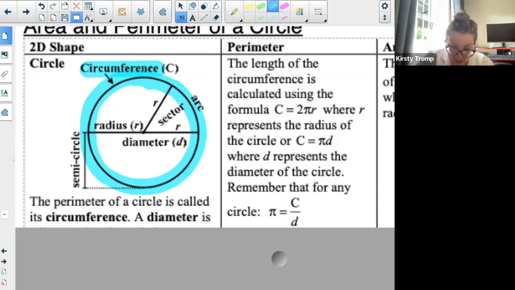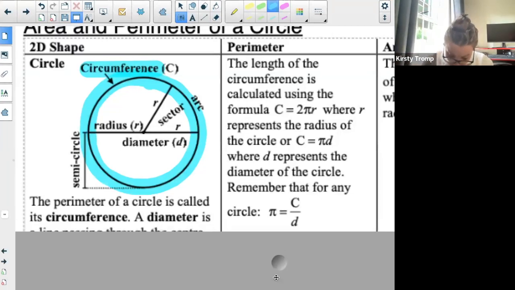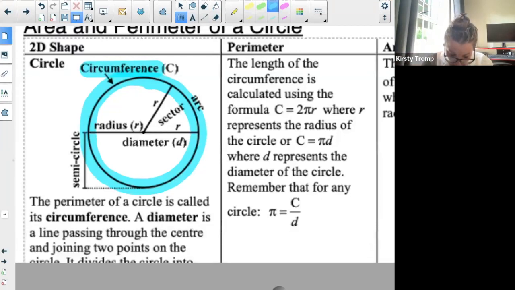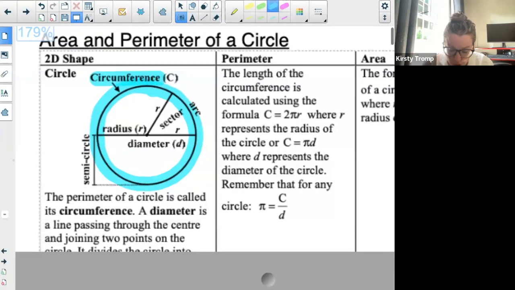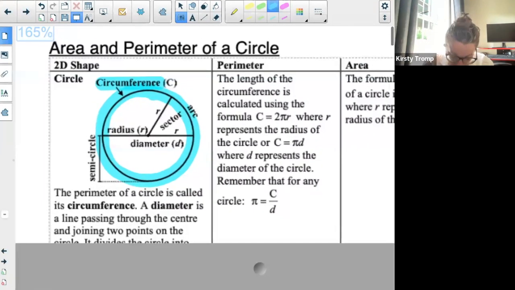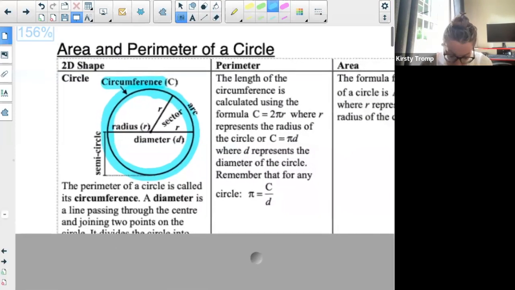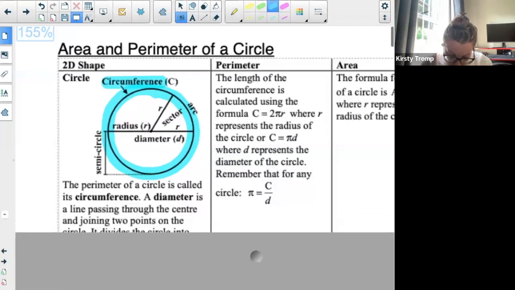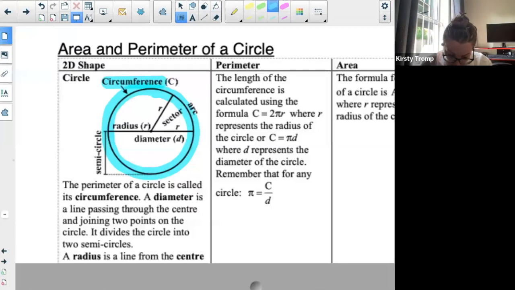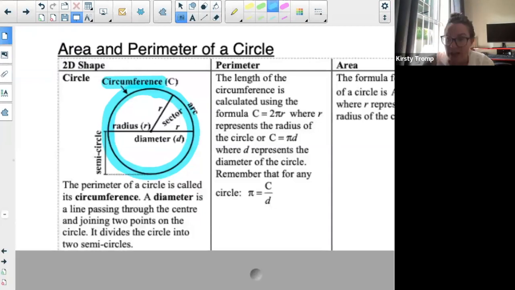All right. A diameter is a line passing through the center. That's very important. If they ask you for a definition of what a diameter is, it is a line that passes through the center of a circle, joining 2 points of the circle. It divides the circle into 2 semicircles. So let's highlight that one for ourselves.